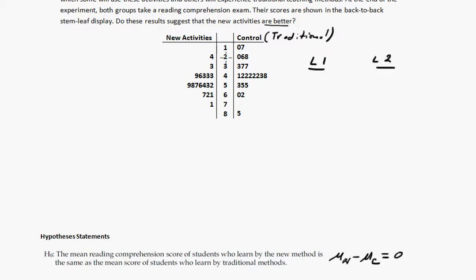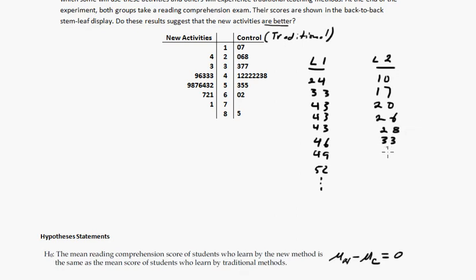And just to review how to read a stem and leaf, this would be 24 and then 33 and then 43 and 43 and 43 and 46 and 49 and then 52 and so on. Okay, for L2 we start at 10, 17, 20, 26, 28, 33 and so on.